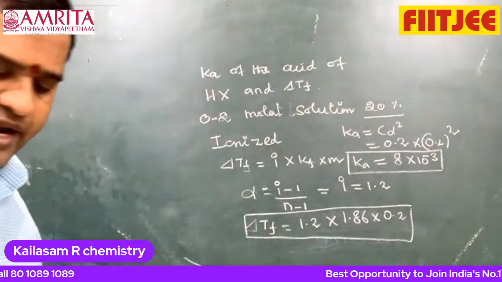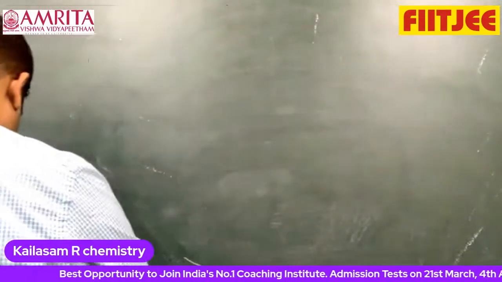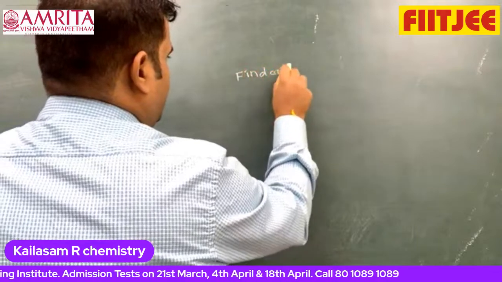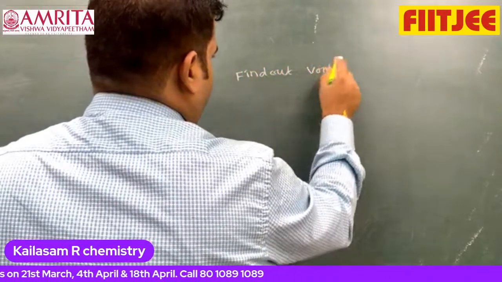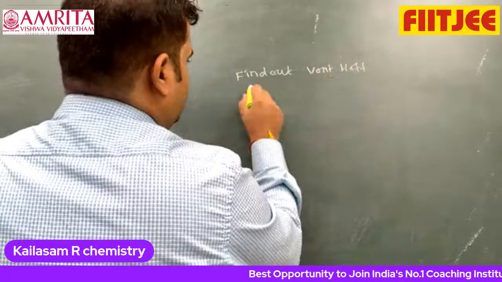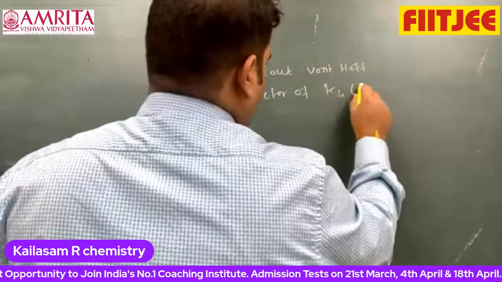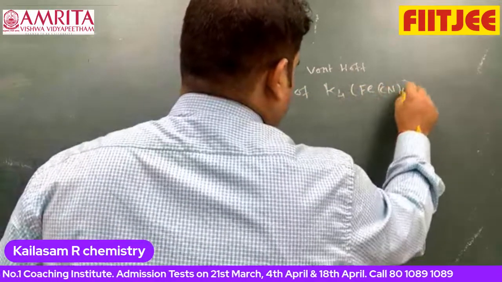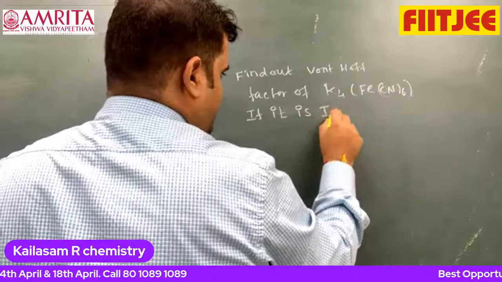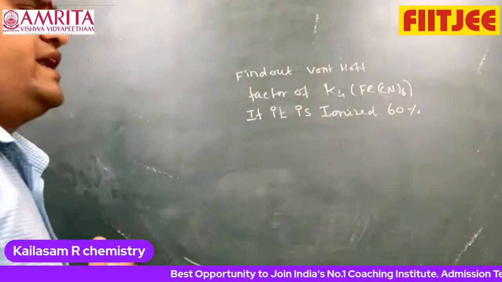Right, next question. Find the van't Hoff factor of K4[Fe(CN)6] if it is 60% ionized.